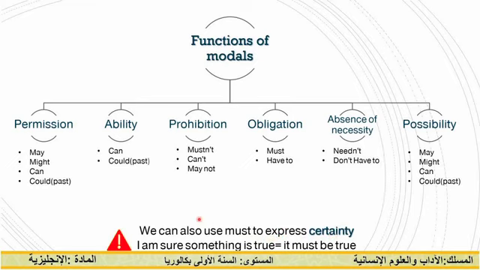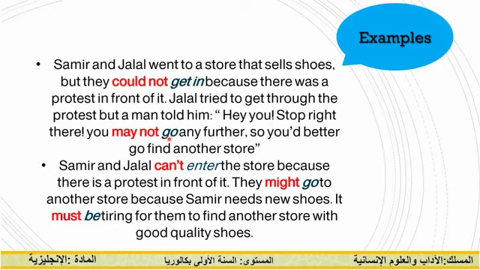The second example is also about Samir and Jalal. Samir and Jalal can't. So now it's not could not. Could not was in the past. Since we are talking about the present, we say they can't enter the store because there is a protest in front of it. They might. We are not sure, but it's possible.